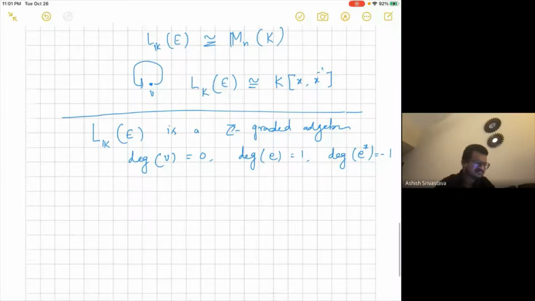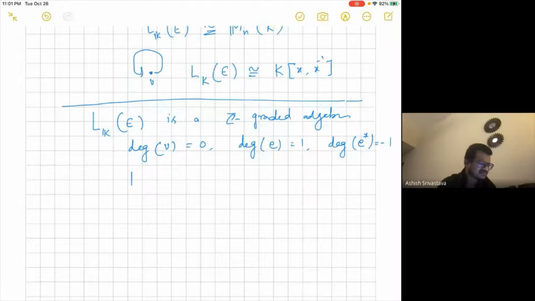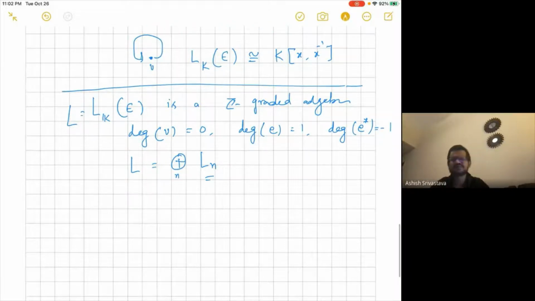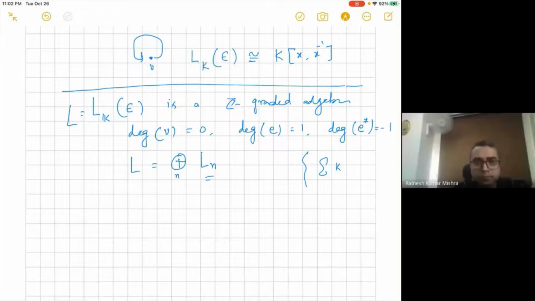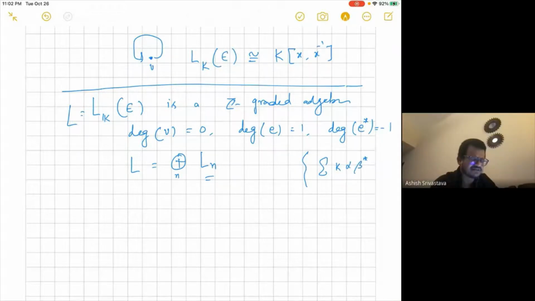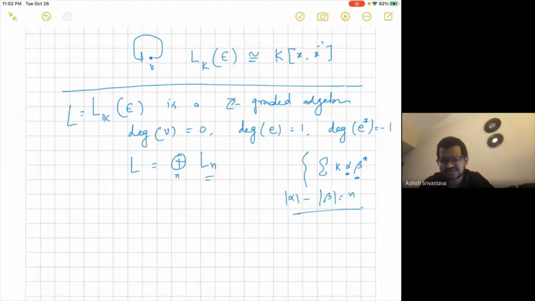So suppose I denote this algebra as L. L is a direct sum of L_n. Any monomial is going to look like alpha beta star, where alpha is a path and beta star is a ghost path, and you want the length of alpha minus the length of beta to be n. More than that, you can actually see this is a differentially graded algebra, but I will not get into that. Those who are interested can think a little bit about it.